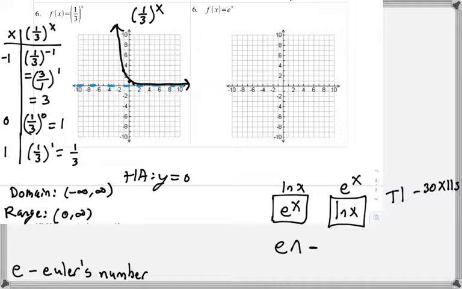You would do second and e to the x, and you're going to get e and a caret, and sometimes they'll put a parentheses on there, and then we'll just put in -1 because that's the first thing we're going to do.